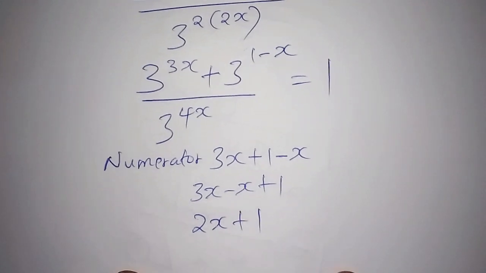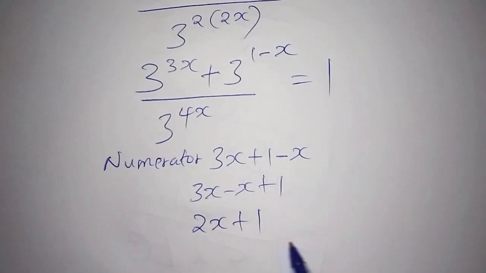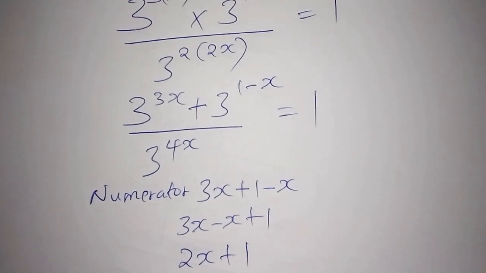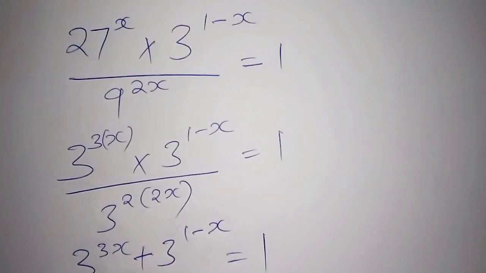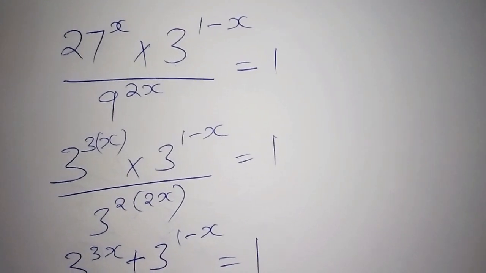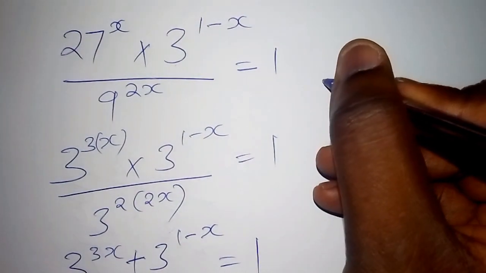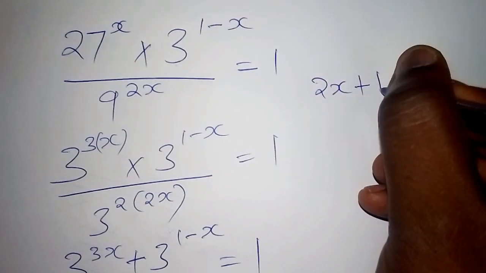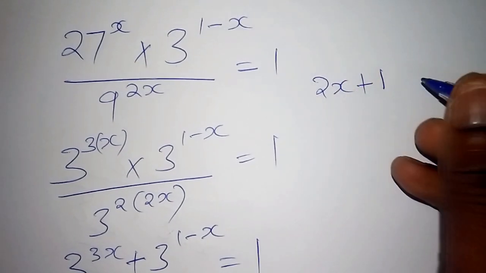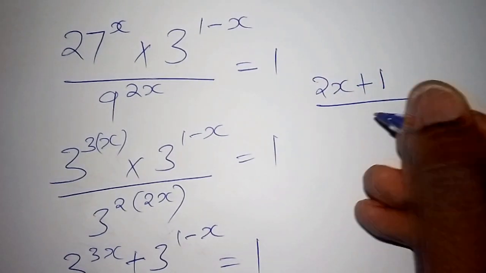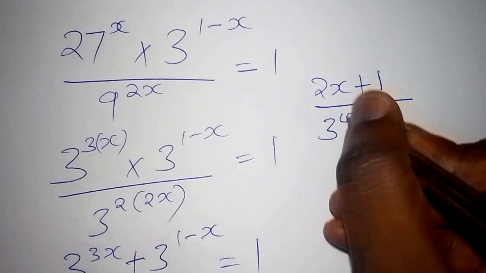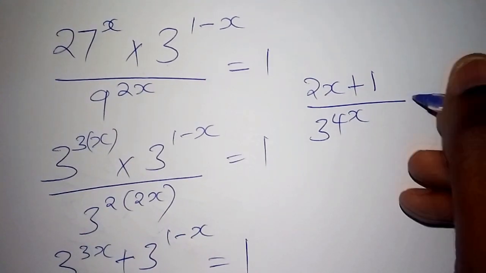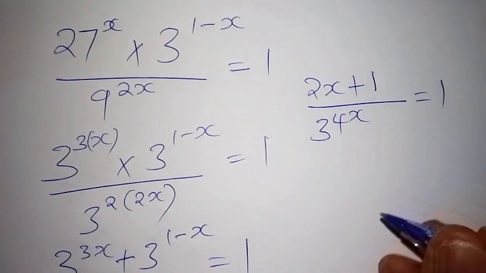Since we have the numerator as 2x plus 1, we shall move here and say our numerator is 2x plus 1, all over 3 to the power of 4x, which is equal to 1.